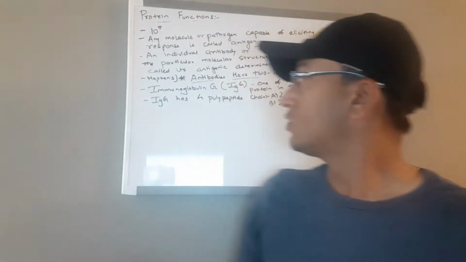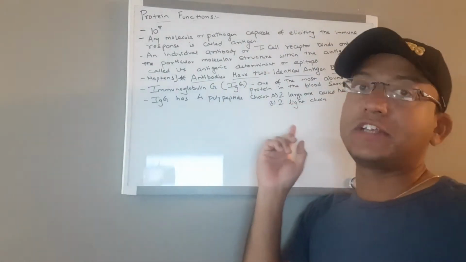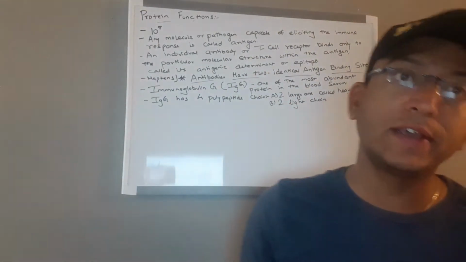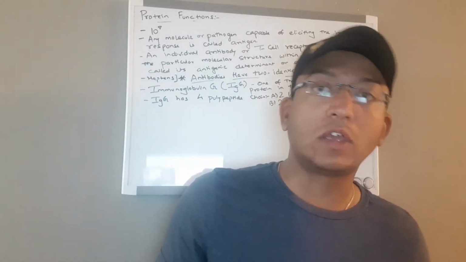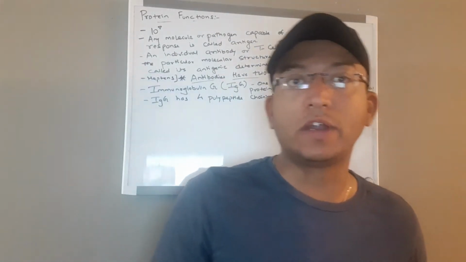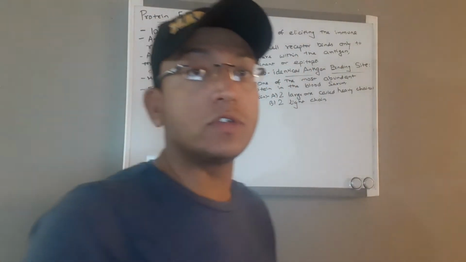Okay, so these 2 heavy chains and 2 light chains are linked by non-covalent and disulfide bonds into a complex molecule with a molecular weight greater than or equal to 150,000, right?